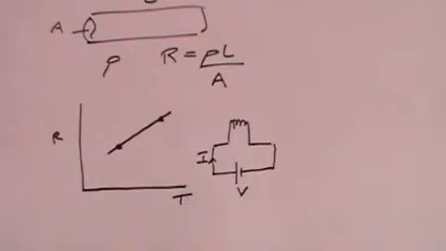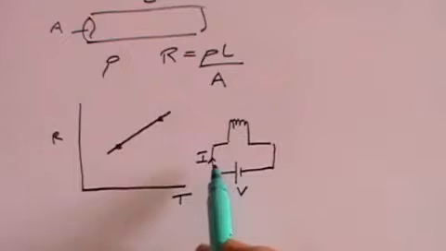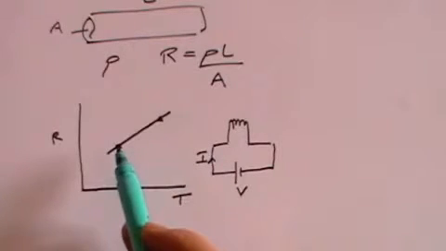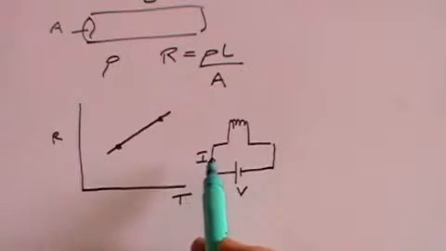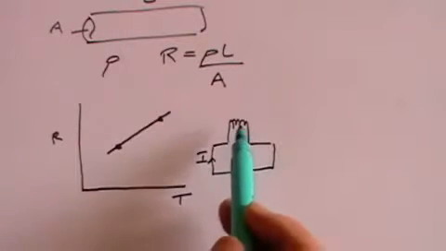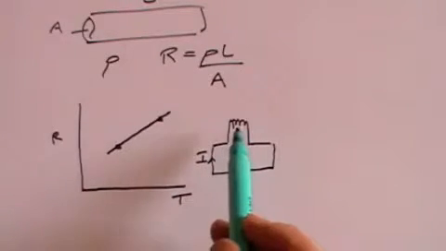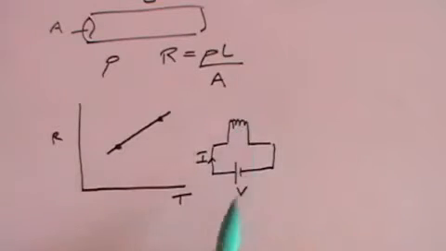And that's why a filament lamp is most likely to blow when you first switch it on, because when you first switch it on it's cold, and so the resistance is low, the current is high, and that's the highest current it will take. If it's okay when you switch it on, the current will gradually fall as the resistance increases as the bulb gets warmer.